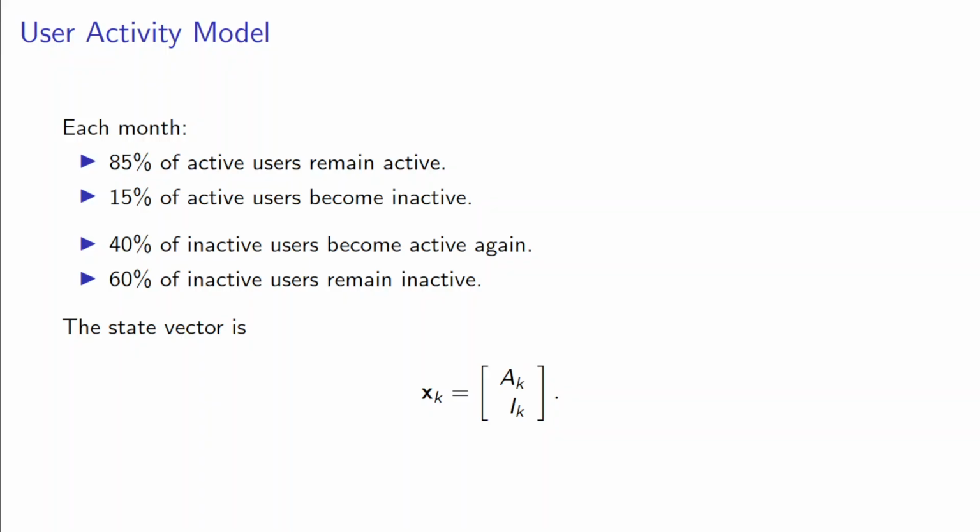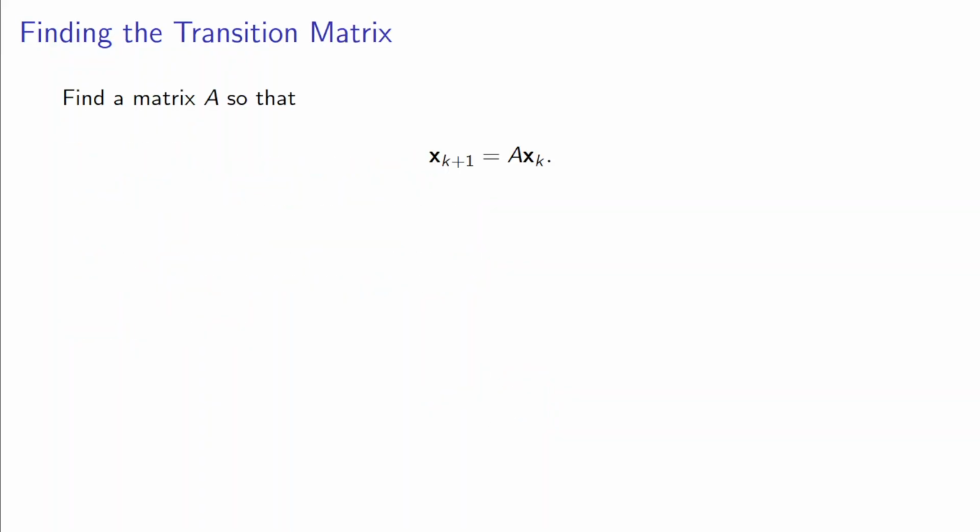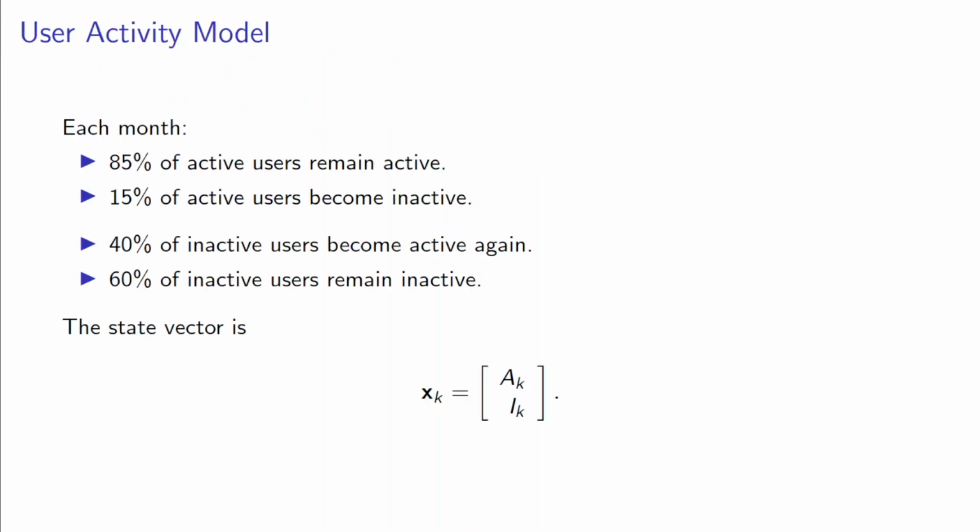We might have our state vector xk, which consists of the active users as the first component and the inactive as the second component. So if we were looking for our matrix A, so that xk plus 1 equals Axk, we saw earlier sort of how we might approach this, where we really want to know what happens to just a few special vectors.